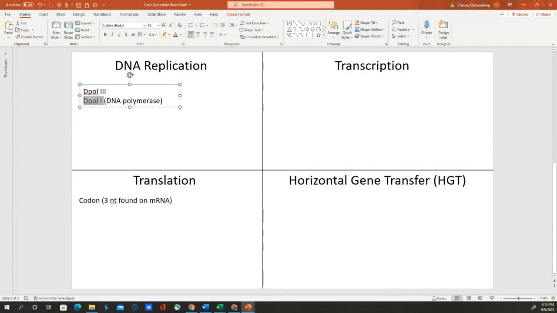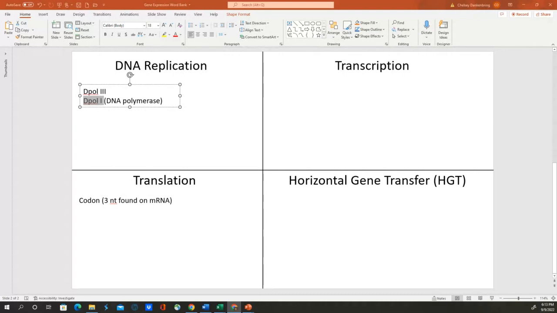So remember, DNA polymerase 3 is high maintenance. It needs help getting started. And so one thing it needs is a primer to get started, an RNA primer. And then DPol 3 can attach to that primer and add nucleotides. But we can't have RNA in the DNA.